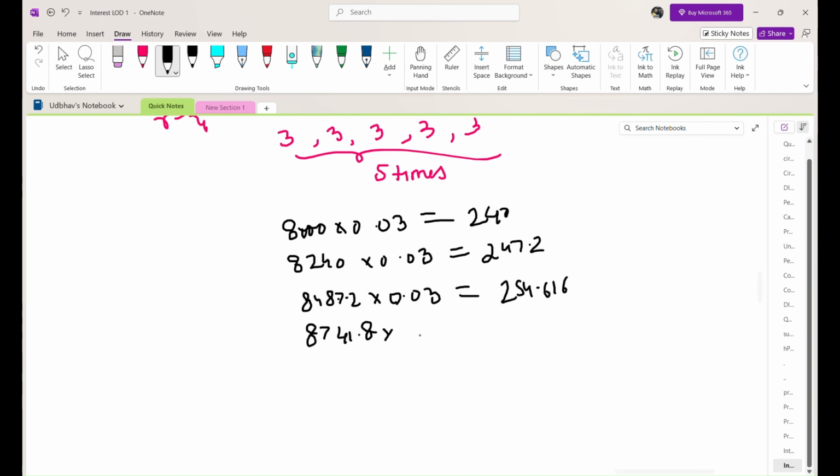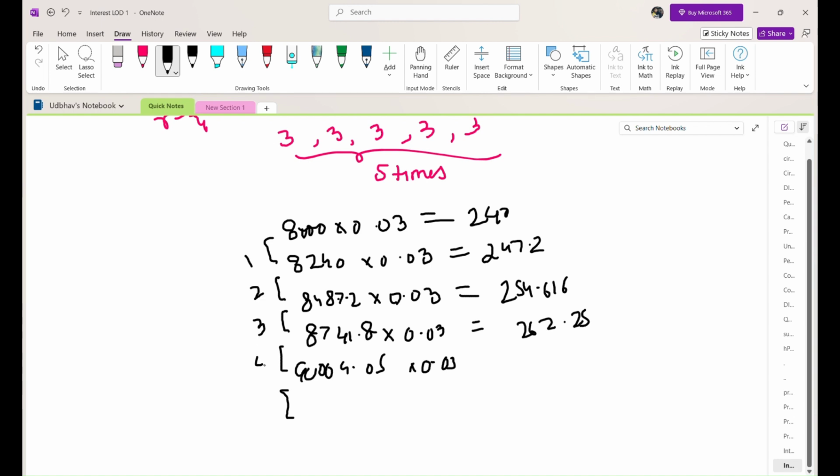8741.8 will again get calculated at 3%, which will give us 262.25, which will again get added to 8741.8, which will give us 9004.05. Again, the next 3 months, then again 3 months, then 3 months.